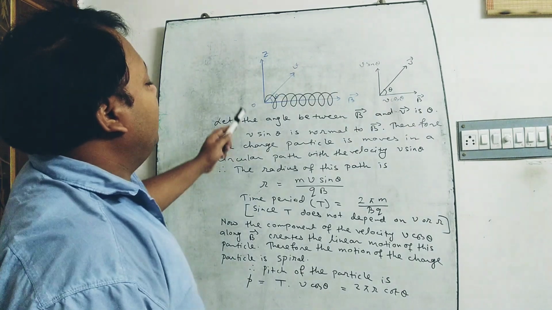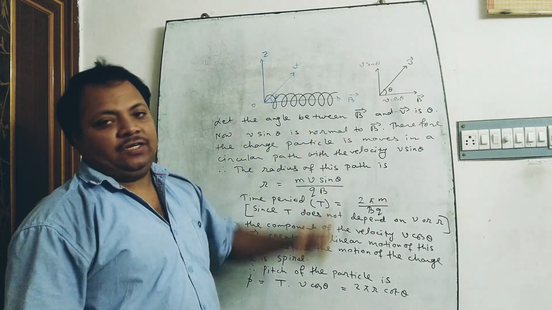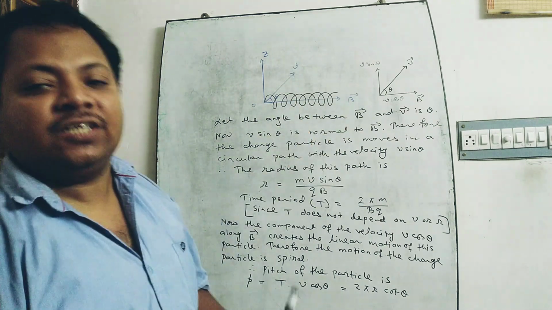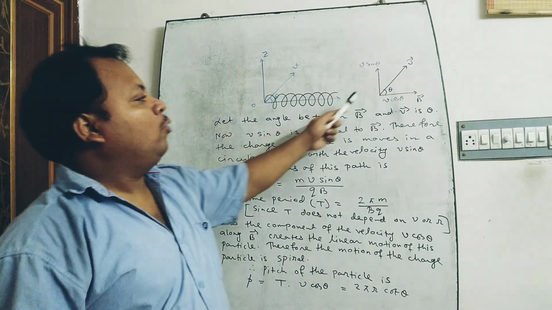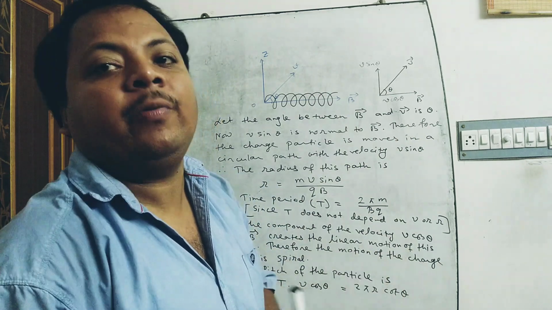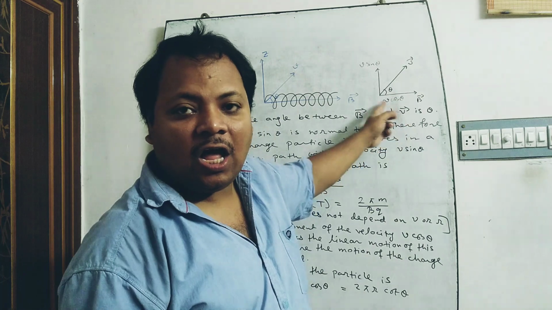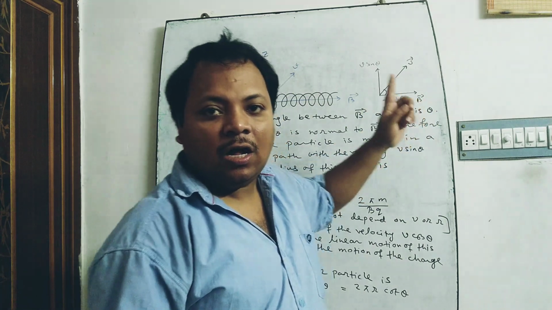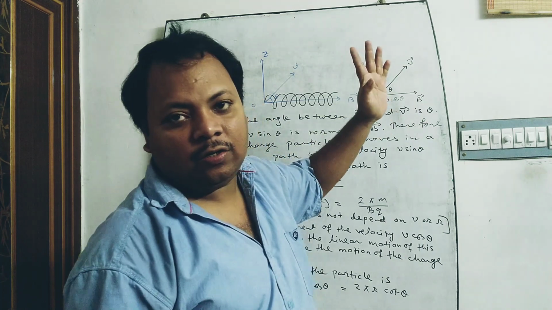Now let the angle between the B vector and the V vector be theta. This is the general case. Therefore, we can resolve the velocity vector V into two mutually perpendicular components. One is V cos theta along the B vector and V sin theta normal to the B vector.